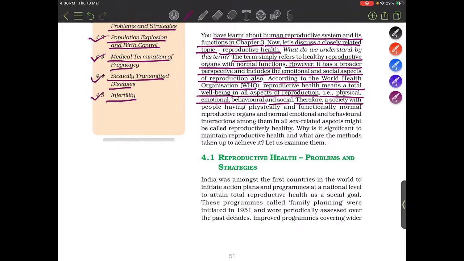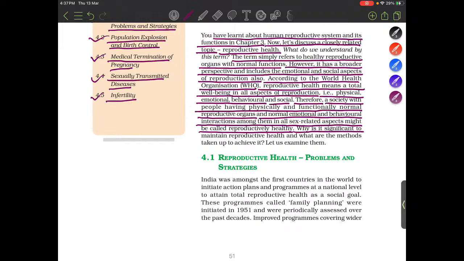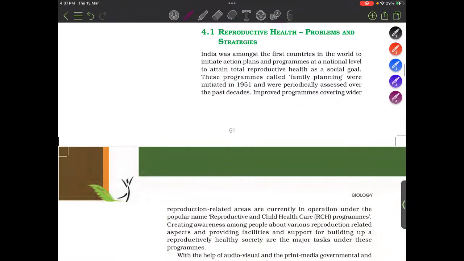Therefore, a society with people having physically and functionally normal reproductive organs and normal emotional and behavioral interactions among them in all sex related aspects might be called reproductively healthy. Why is it significant to maintain reproductive health, and what are the methods taken up to achieve it? Let us examine them. 4.1, reproductive health problems and strategies.